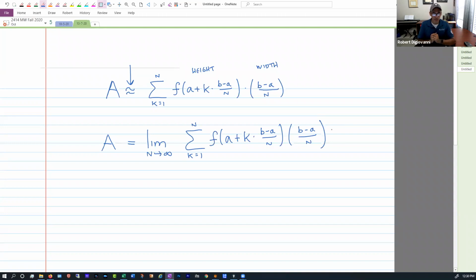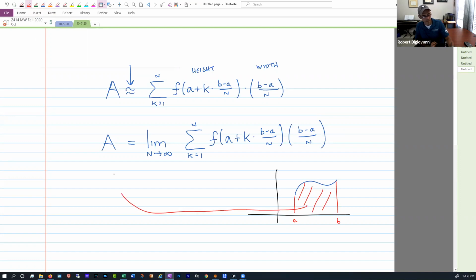That is the definition of the area underneath the curve between the points A and B. So if someone gives you a curve and they want you to find the area beneath that curve from A to B, that area will be the limit as n goes to infinity of that sum.